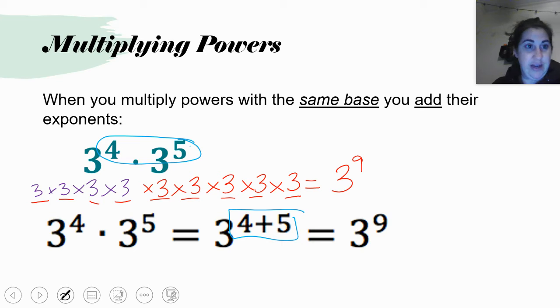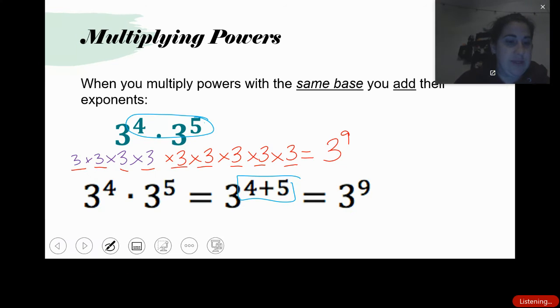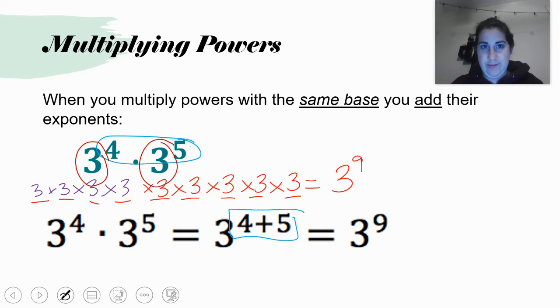So write this in your notes: when you multiply powers with the same base, it only works if the base is the same, then you add their exponents. So this only worked because we had 3s. They were the same number. Okay, so that's what we do when we multiply. Let's try some more.